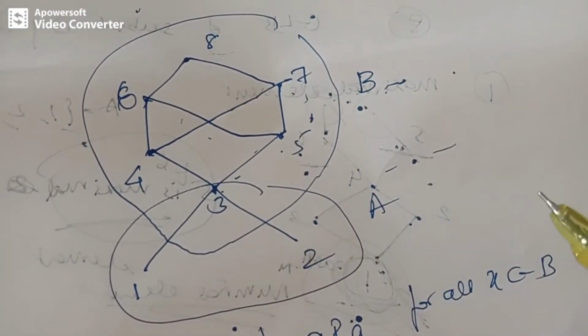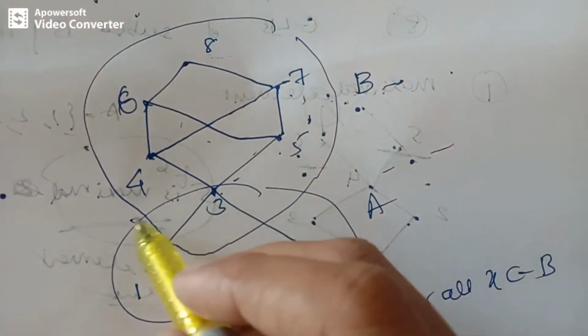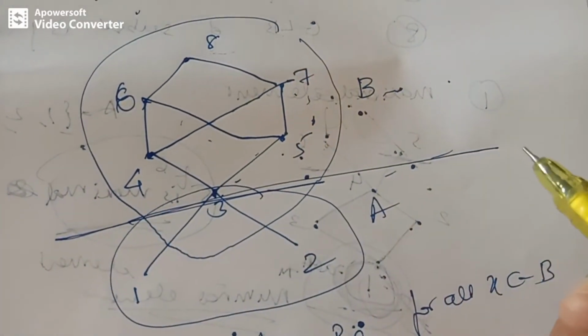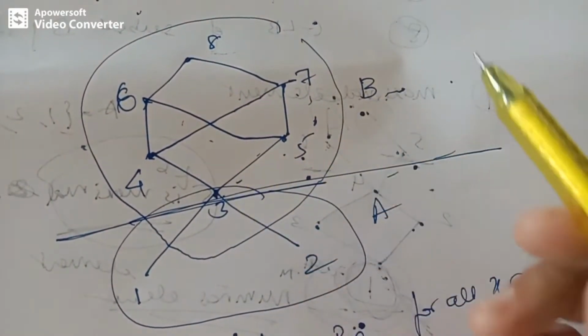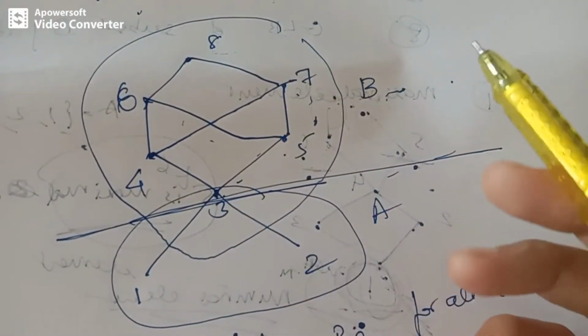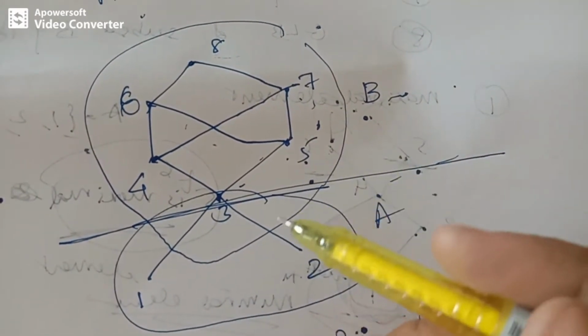To consider an upper bound of the subset B, that is from here onwards, this is subset B. What is the upper bound of subset B?